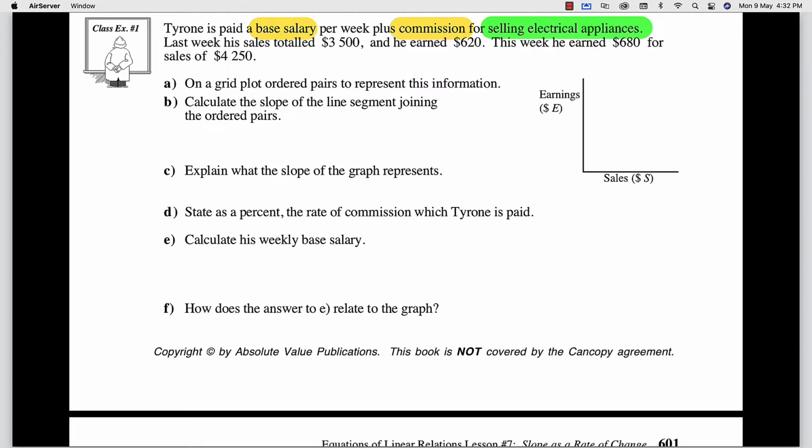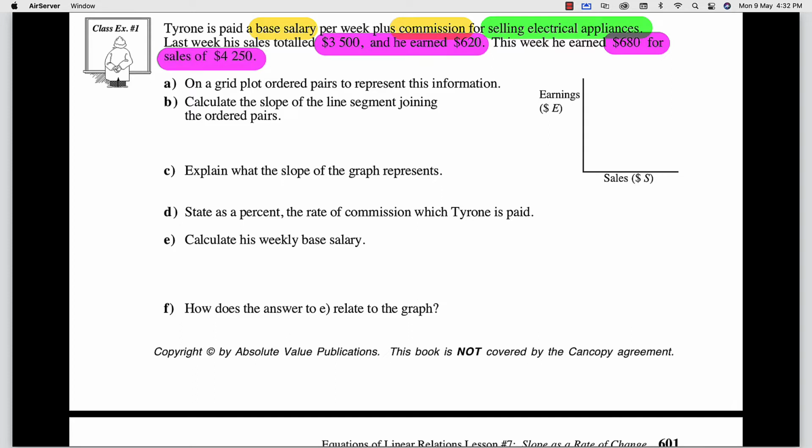So last week he made $620 after selling $3,500 worth of items. And the following week he earned $680 after selling $4,250.